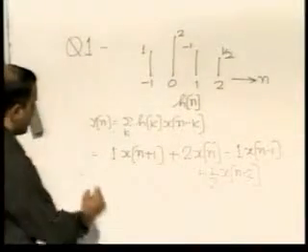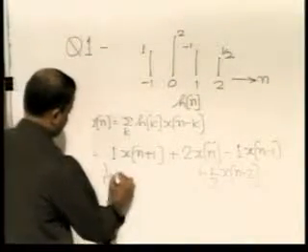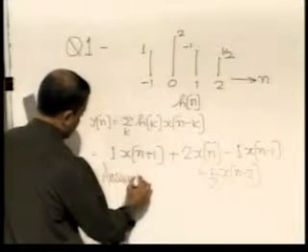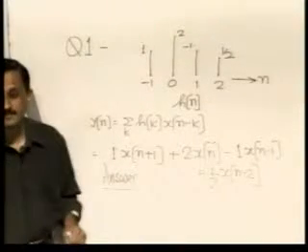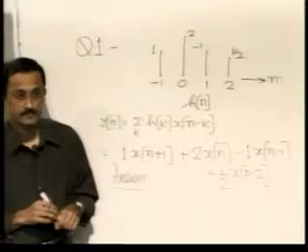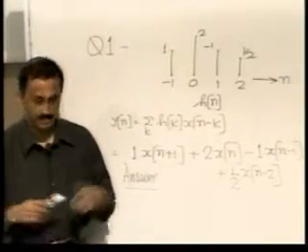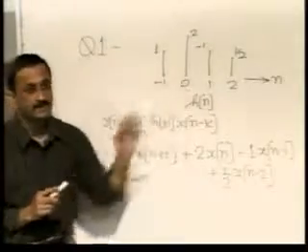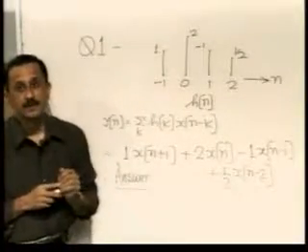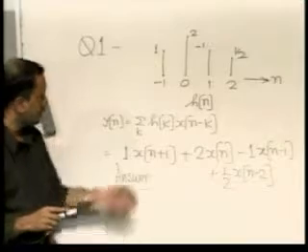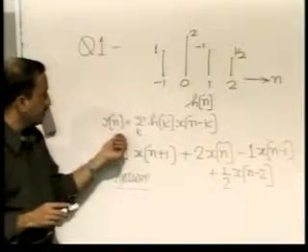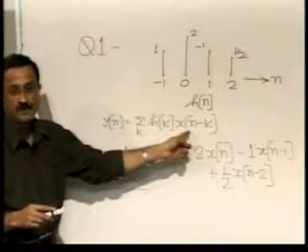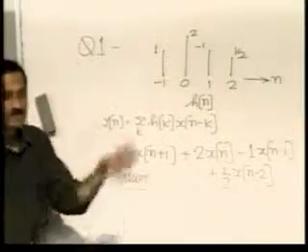So, this is the answer to the question. Now, in fact, this can be generalized, I mean, for any impulse response which has a finite number of non-zero samples. When you have a finite number of non-zero samples, the current output sample is a finite combination of input samples at some specified points.